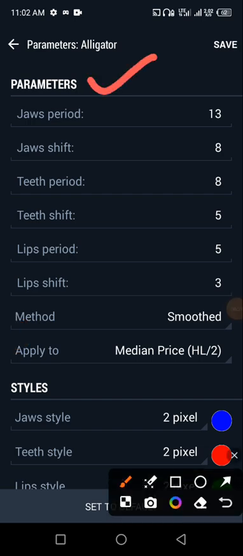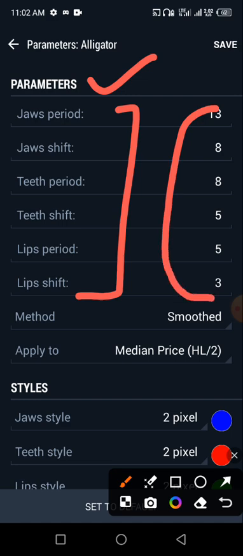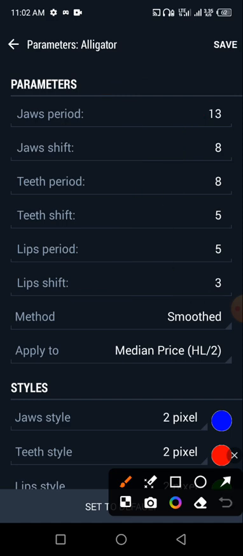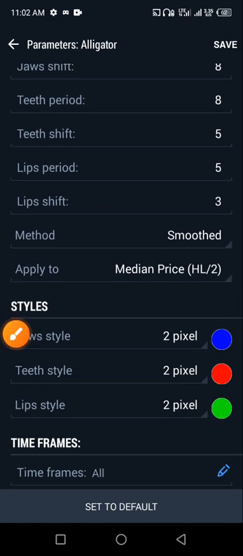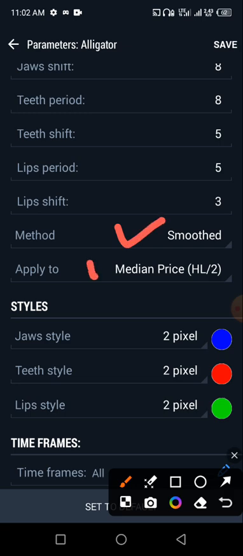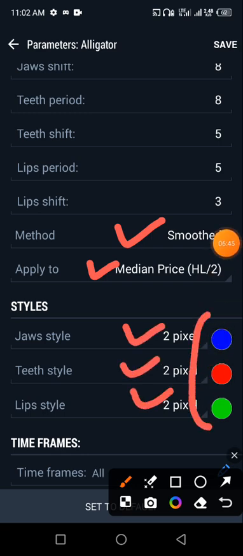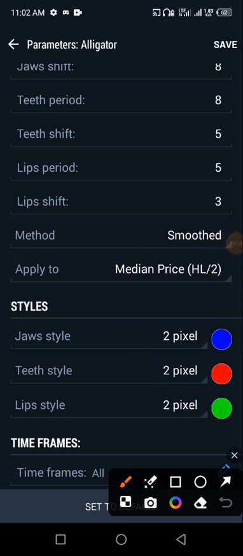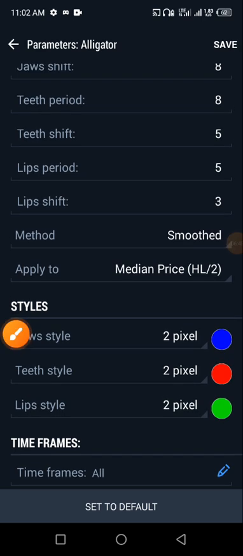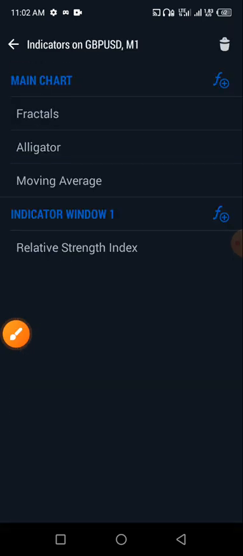Okay, so the way you see them here on my chart is the way you want to add them on your own chart. Okay, remember your method should be smoothed and you apply to median price, high low over 2, and then the same pixel you see here is what you want to add on your screen. Okay, and then you apply to all time frames, and then you click on save.